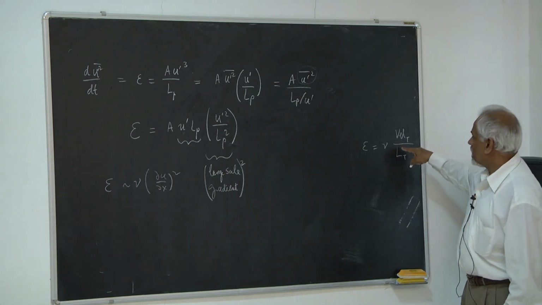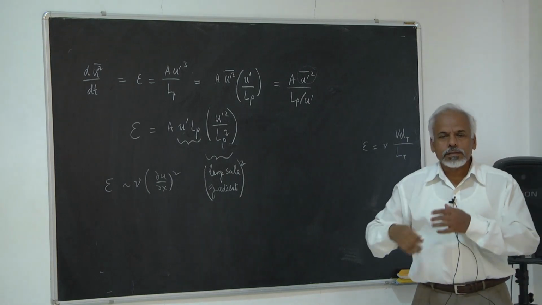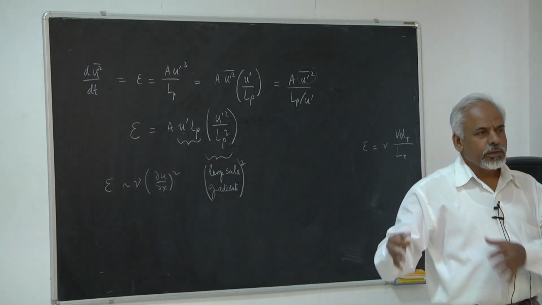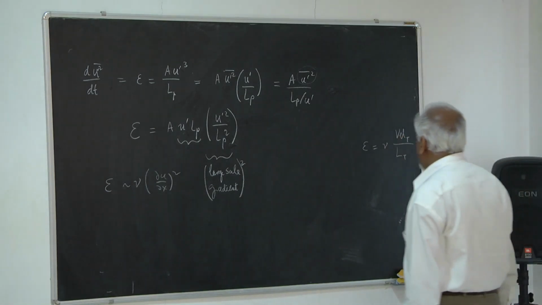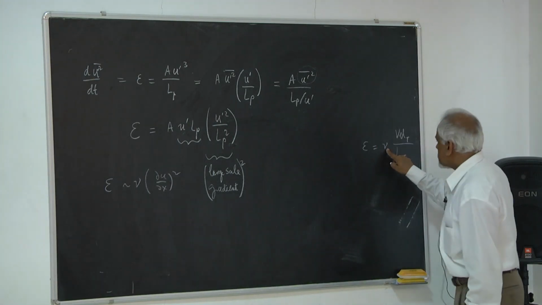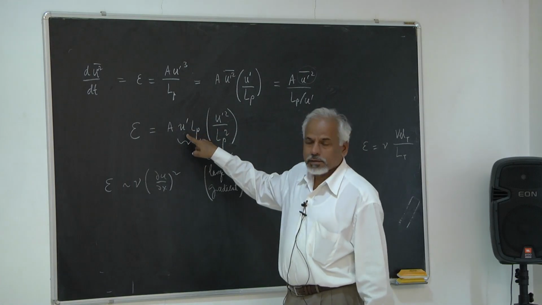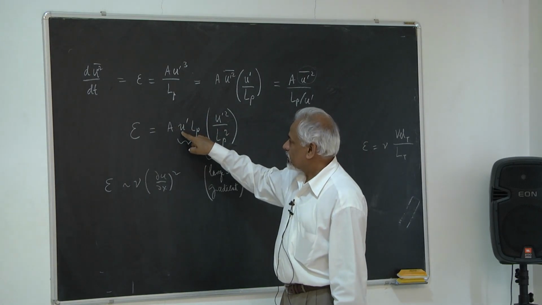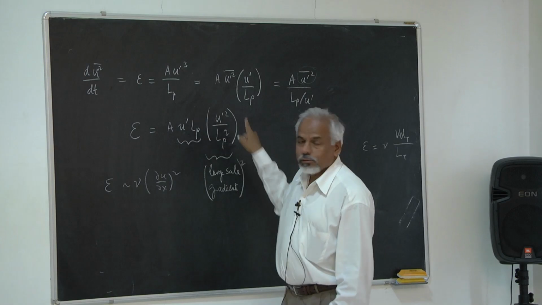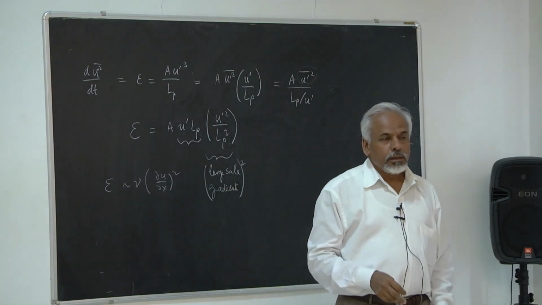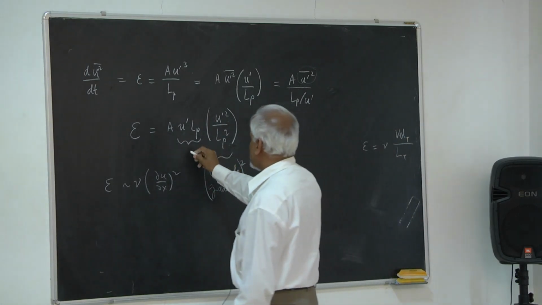Because what is really dissipating is not the big scales, but the small scales. And the way to do that is, instead of nu, if you replace it by some other quantity like this, which is the product of the velocity and the length, then you will be fine. This is the so-called eddy viscosity, right?